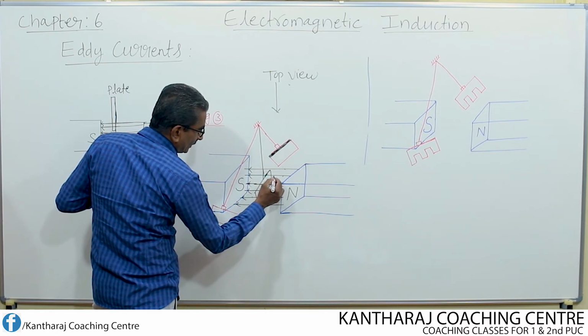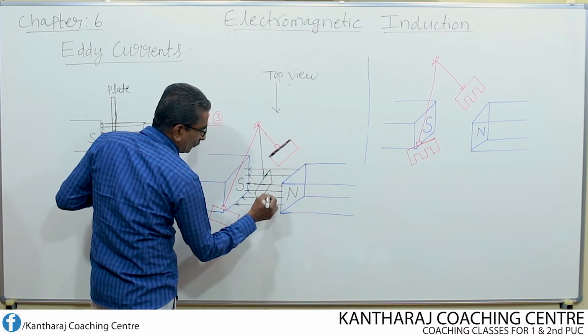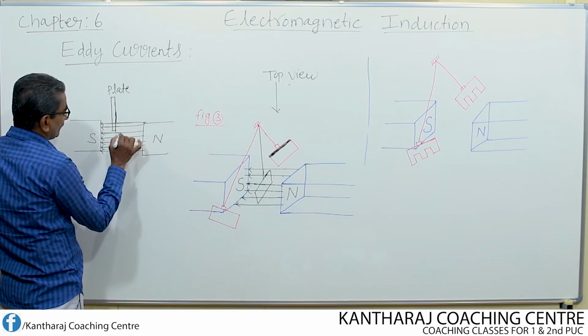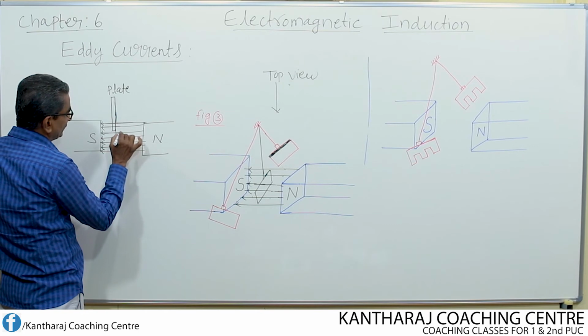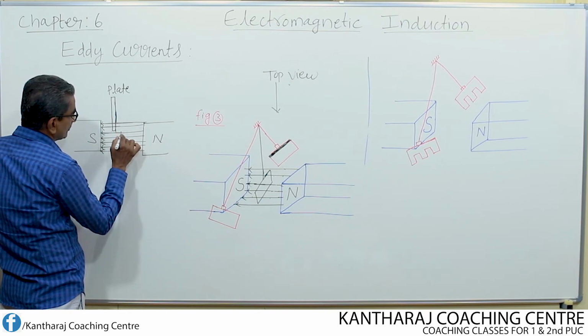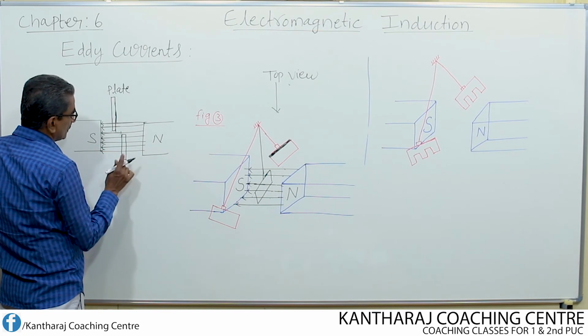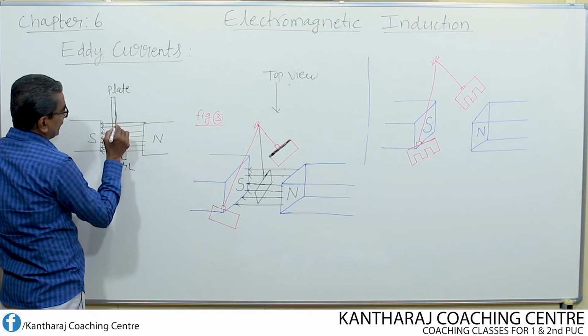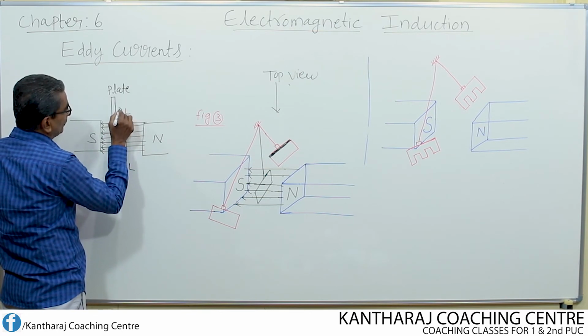Look here, 1, 2, 3, 4. Let us write that figure also. When the plate comes exactly to this middle region, 4 lines are said to be linking. Here only 2 lines are said to be linking.